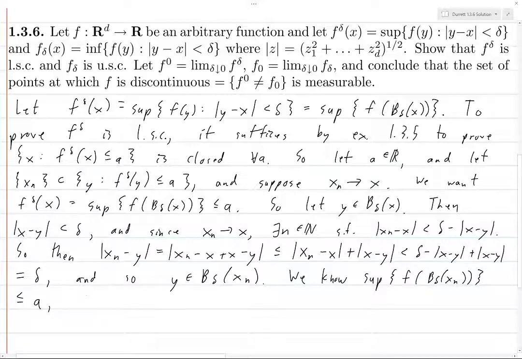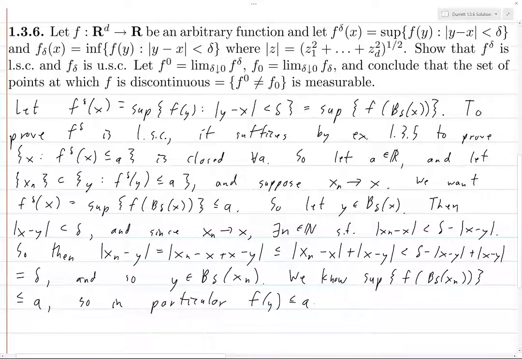And if this supremum is true, so in particular, if you choose any point in the set over which you're taking the supremum, you can't surpass the number that you get from the supremum, because otherwise it wouldn't be the supremum.